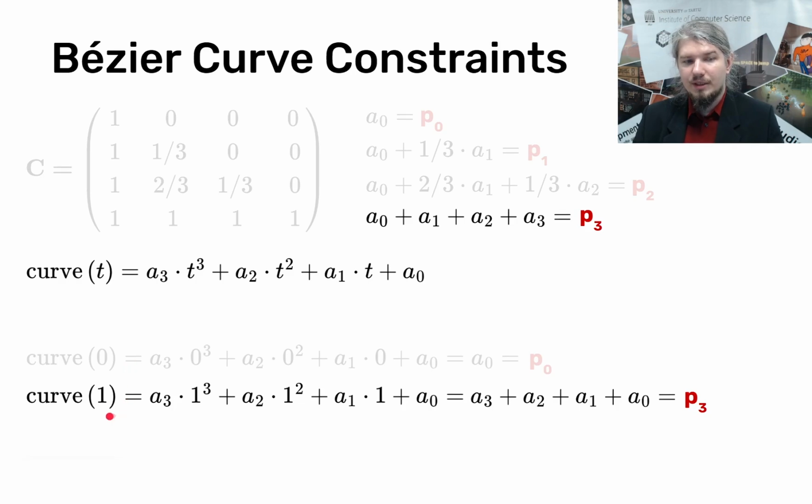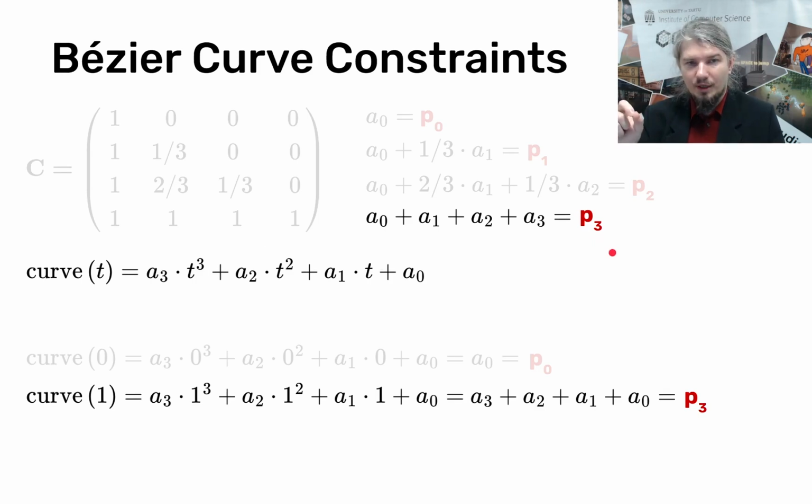Next, we can see what happens when t equals 1. All of these t's will become 1, and we will have A3 times 1 cubed plus A2 times 1 squared and so on. This is just going to be A3 plus A2 plus A1 plus A0, and we had this constraint also in the constraint matrix. So this must equal P3, which means that the curve ends at P3.